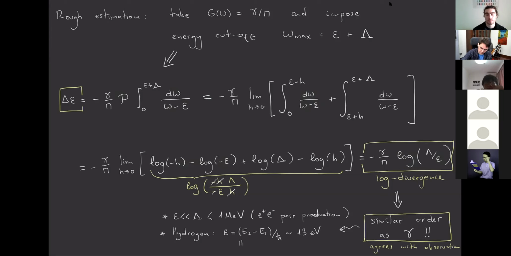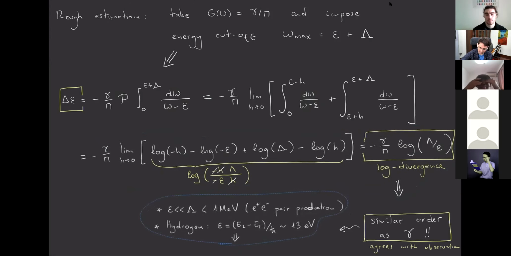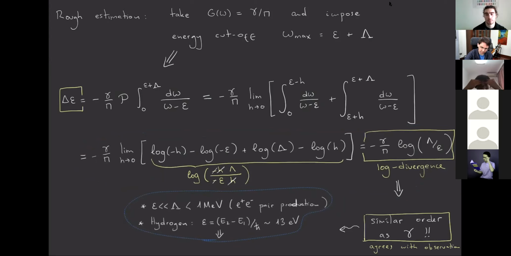Then this automatically means, if you take the worst case scenario for the cutoff, which is to make it as large as possible, let's say 1 mega electron volt, then what you get for this logarithm of cutoff divided by epsilon is a very mild dependence. In particular, you get minus 3.5 gamma, okay?